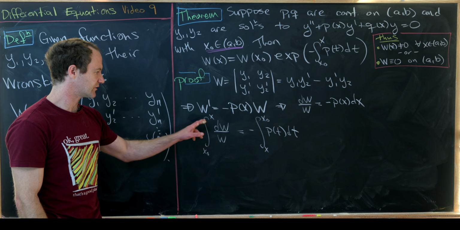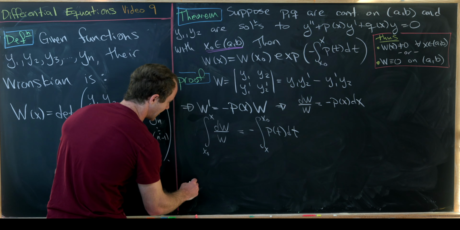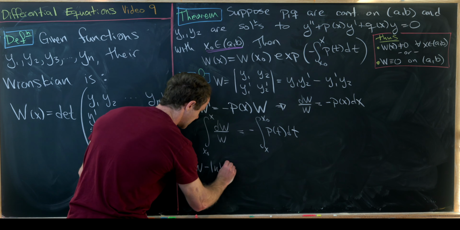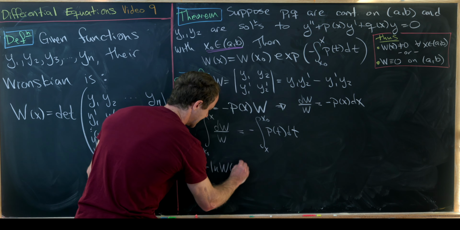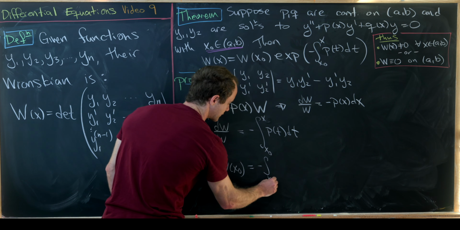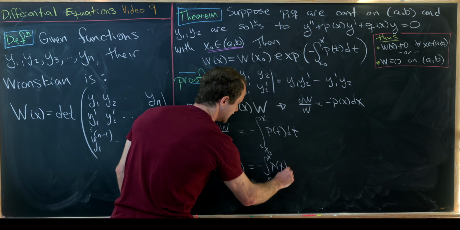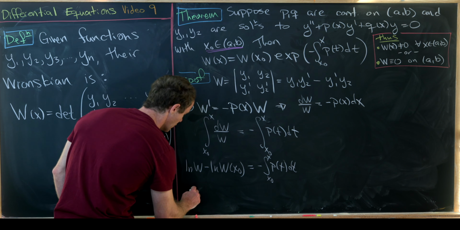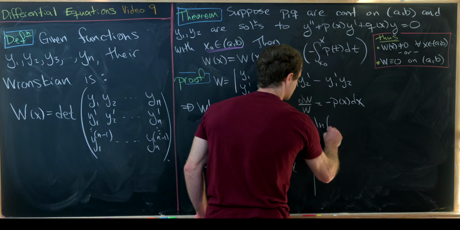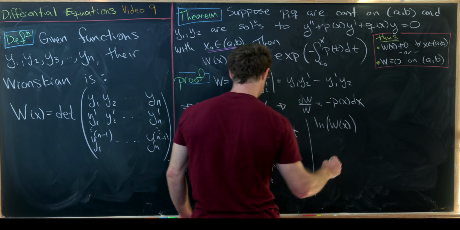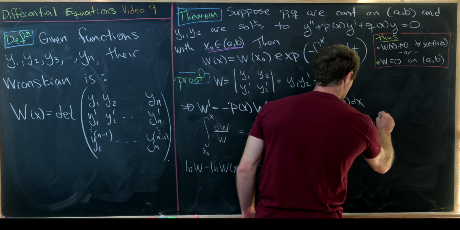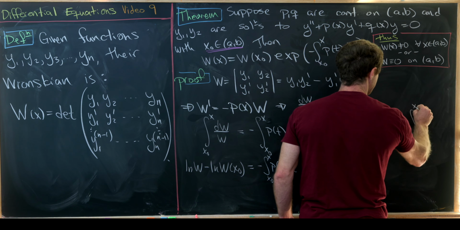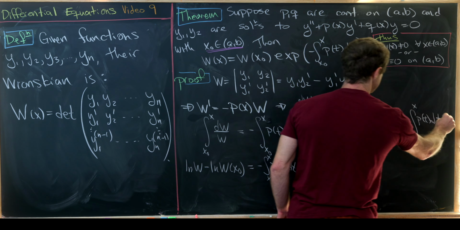So now let's take the integral of the left-hand side. That'll give us something like the natural log of w minus the natural log of w evaluated at x naught equals minus the integral from x naught up to x of p of t dt. I just fixed that typo a little bit. So now we can move the minus natural log over. That gives me something like the natural log of w of x equals the natural log of w evaluated at x naught minus the integral from x naught up to x of p of t dt.